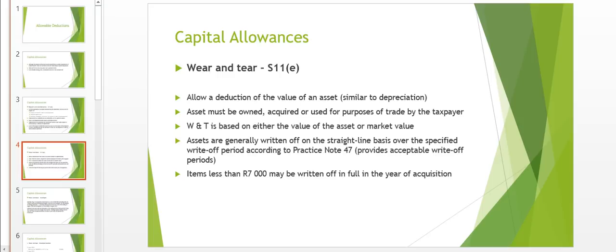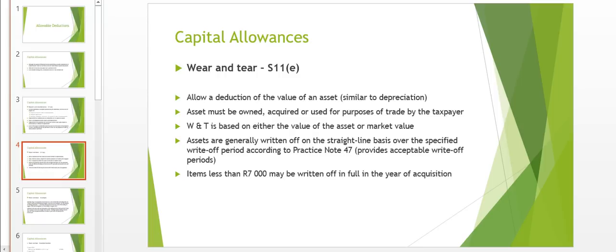So you need to take the cost. Let's say for this example it is 100,000 Rand. You need to divide it by 4 years, because according to practice note 47, or interpretation note 47, that is the allowable write-off for a delivery vehicle. I think it's 4 years.